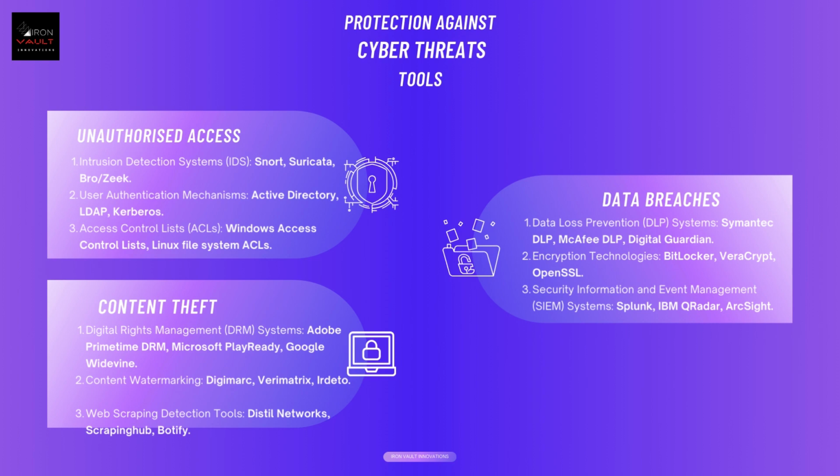Encryption technologies: BitLocker, VeraCrypt, OpenSSL. It's something you can keep your stuff secured within. If you have a photo, you can keep it in BitLocker, and it won't give access until you put in the correct code. And the last one is the SIEM, where we use Splunk, IBM QRadar, and ArcSight as well.